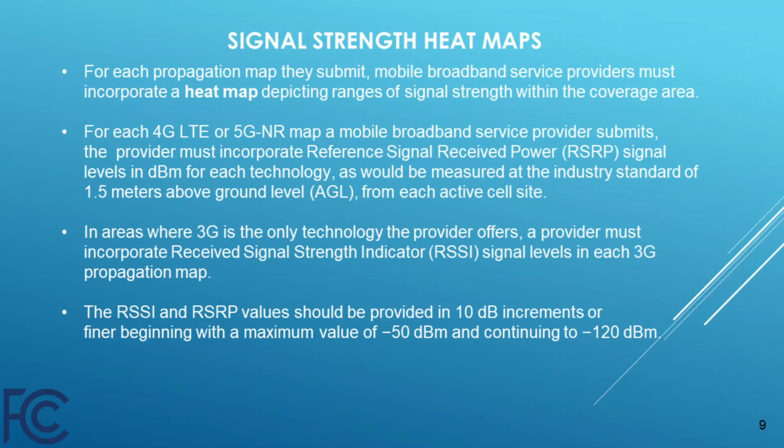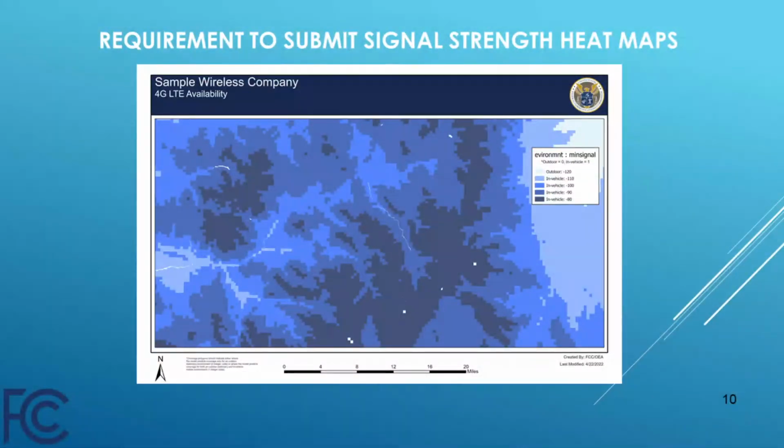The RSSI and RSRP values should be provided in 10 decibel increments or finer, beginning with a maximum value of -50 decibel milliwatts and continuing to -120 decibel milliwatts. Mobile providers must incorporate the signal strength data as an additional layer on the maps depicting each technology and speed.